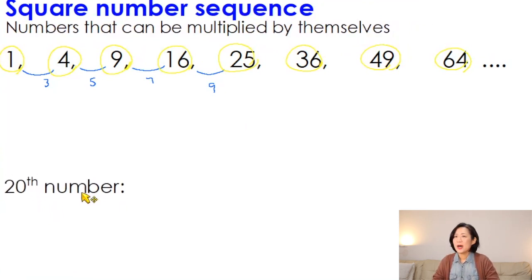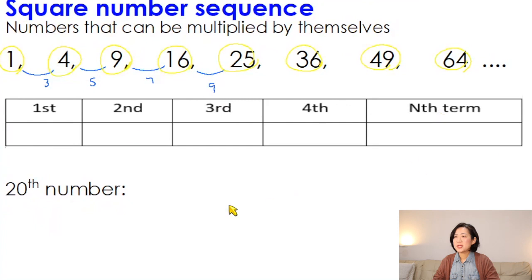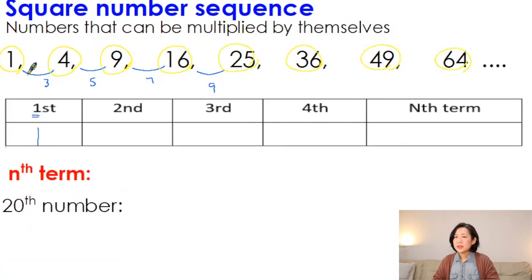So now, let's find our 20th number, the 20th term. Then let's have a look at this one. Your first number is 1. So like linear sequences, our final goal is that we need to look for our formula, right? The first number is 1 times 1.